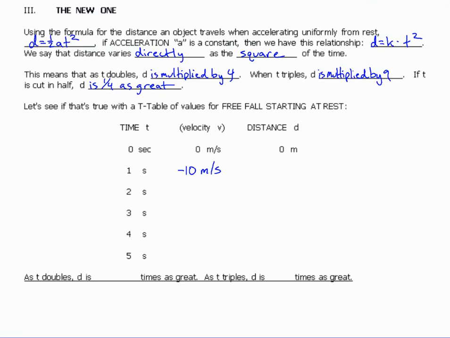The distance that it travels, based on the formula distance equals 1/2 times the acceleration times the square of the time: 1/2 times the acceleration is -10, and the time here is 1. Don't forget to square the time. And we have -5 meters.